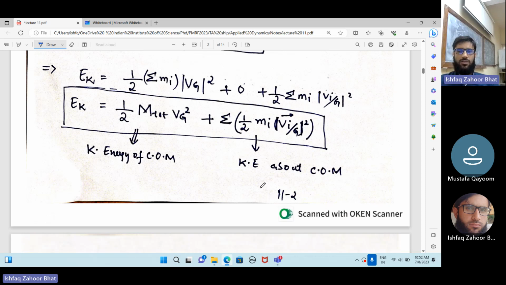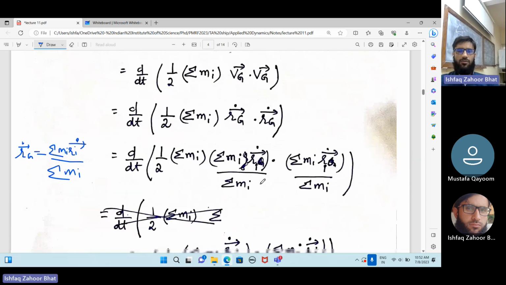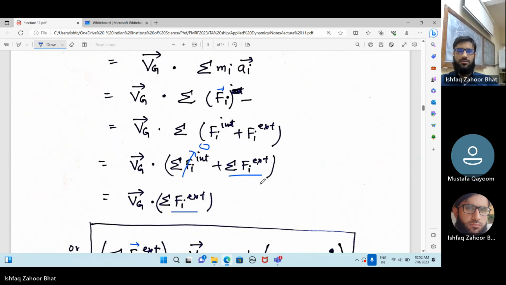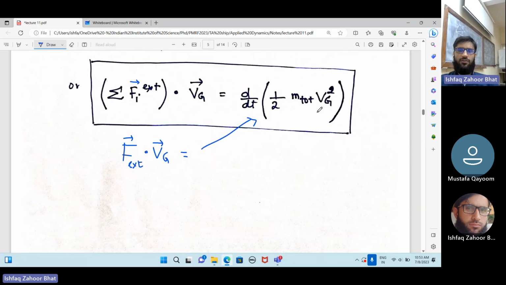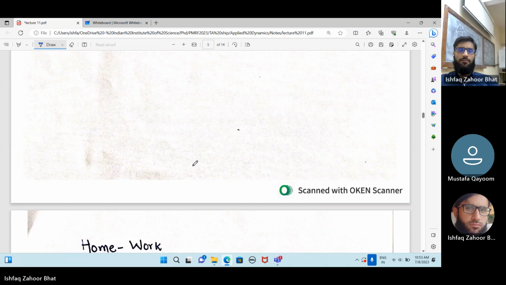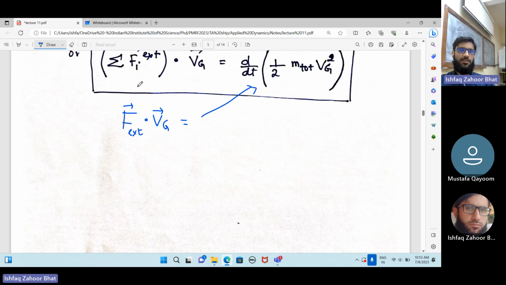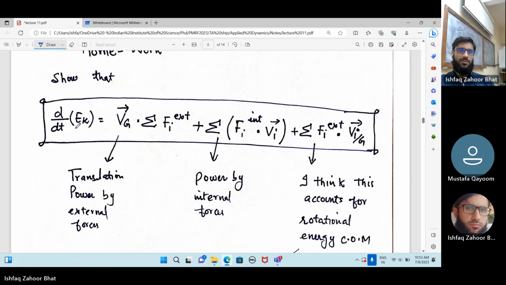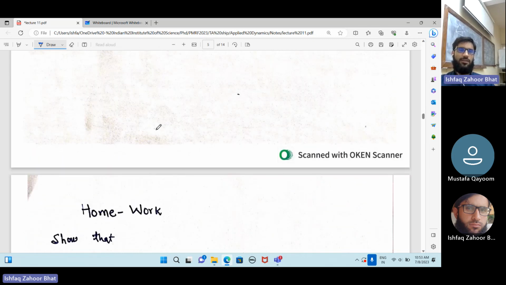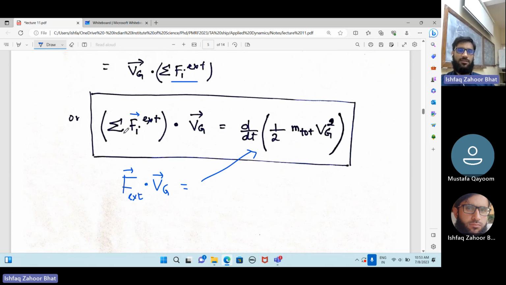So these are two things, and this is only one of those terms. If you differentiate this center of mass energy, you will get this thing. But what if we differentiate the whole kinetic energy? You were saying that something should be equal to this, but you can verify that this is not equal to this; this is only equal to this.